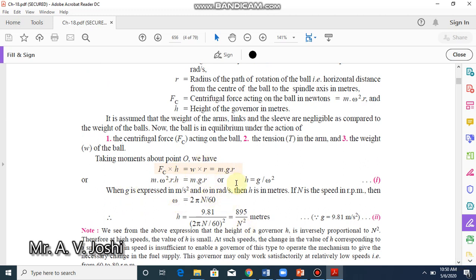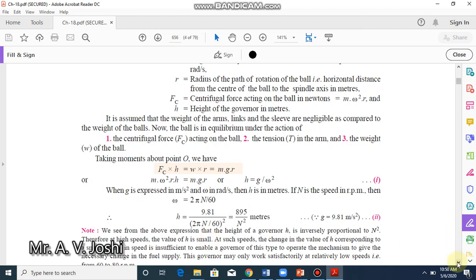In this way we calculate the height of the governor, h equal to 9.81 upon (2 pi N upon 60) squared, which is 895 upon N square in meters. So this is the height of the governor.